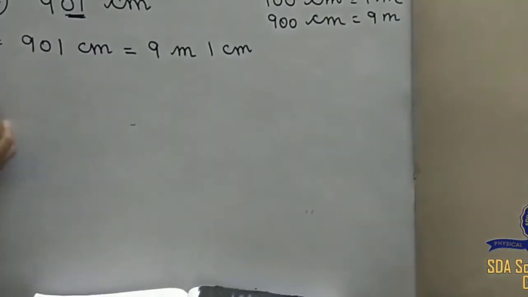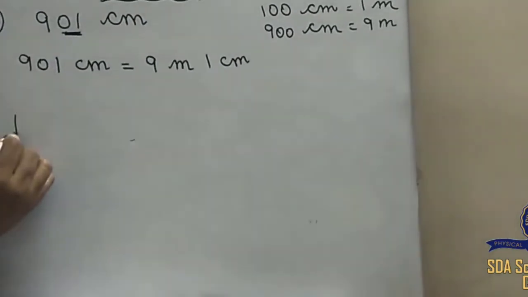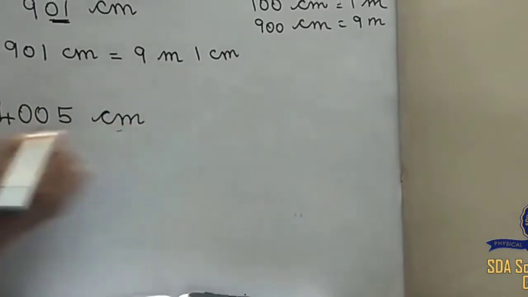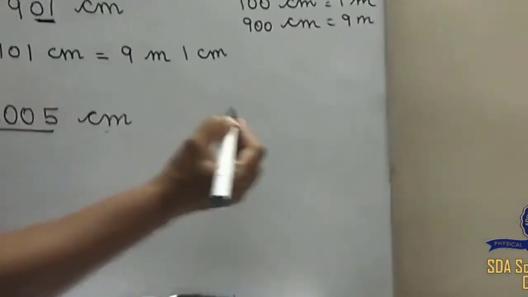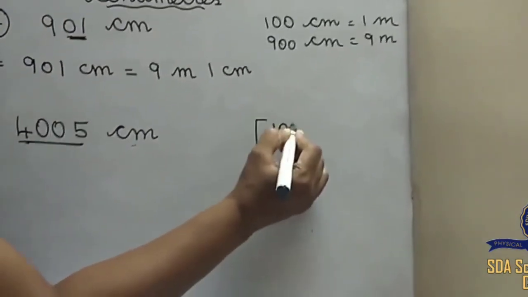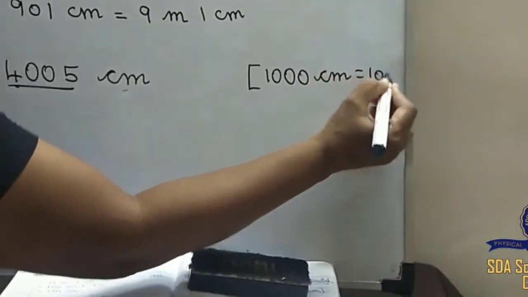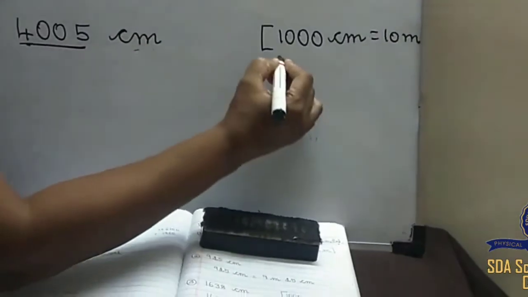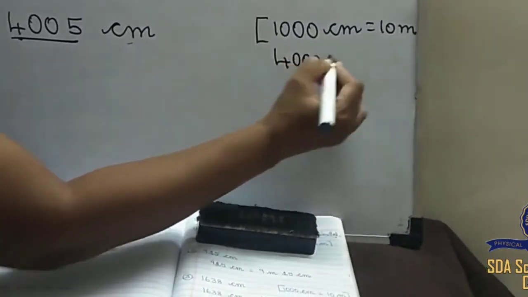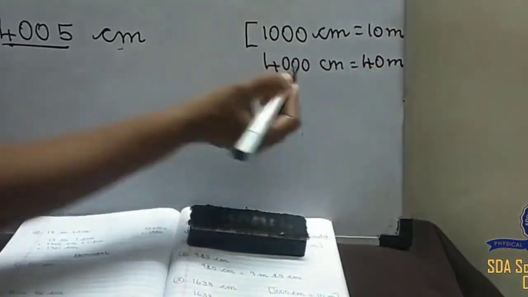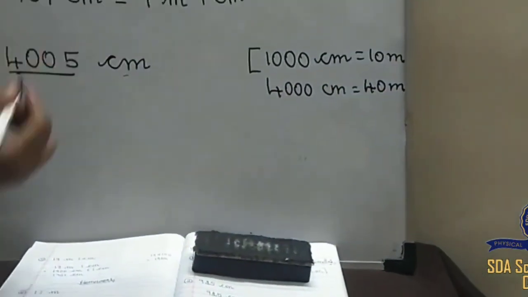And then one more sum, the fifth one, 4005 centimeter. See here 1000 is coming. 1000 centimeter is equal to 10 meter. So 4000 centimeter is equal to 40 meter.